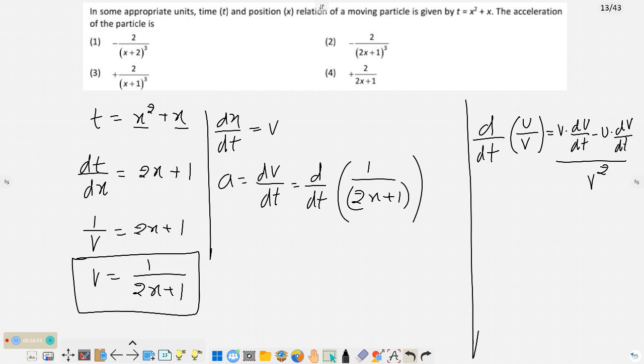So apply that formula. In the place of v, we have 2x plus 1, and for du by dt, what is u?